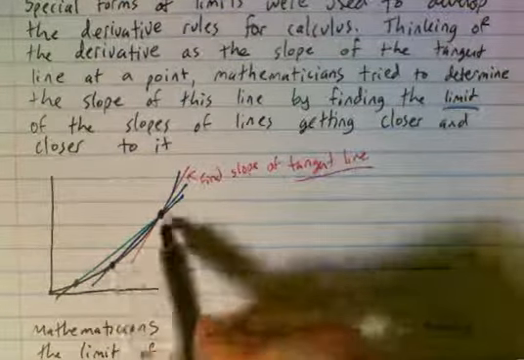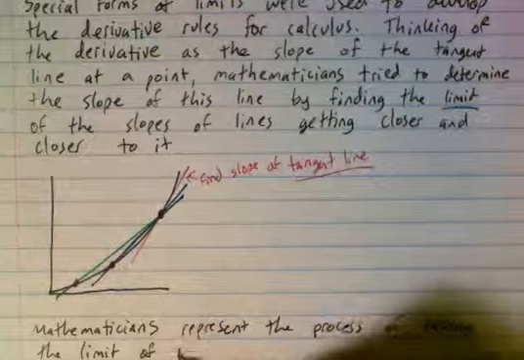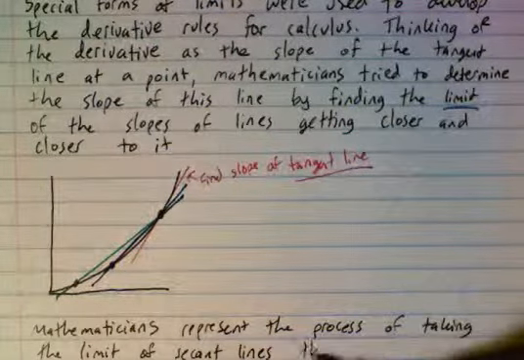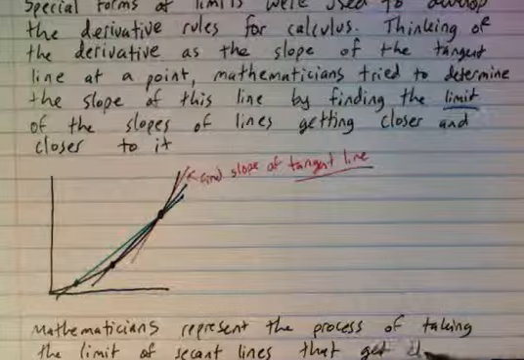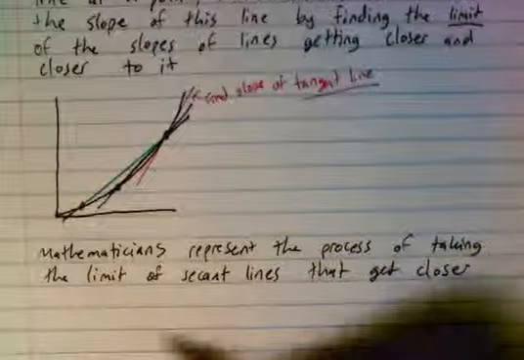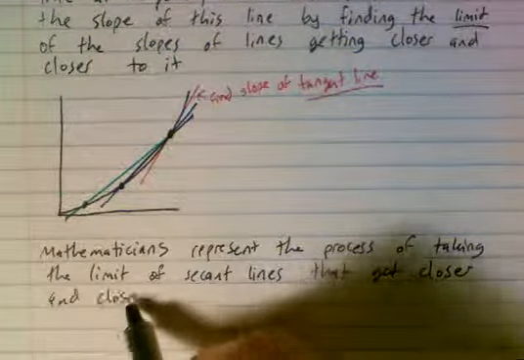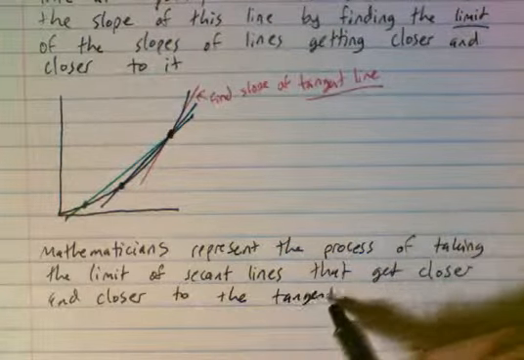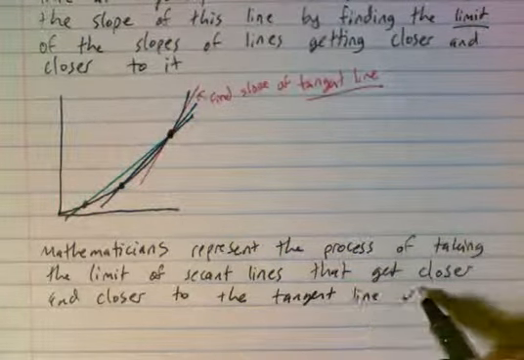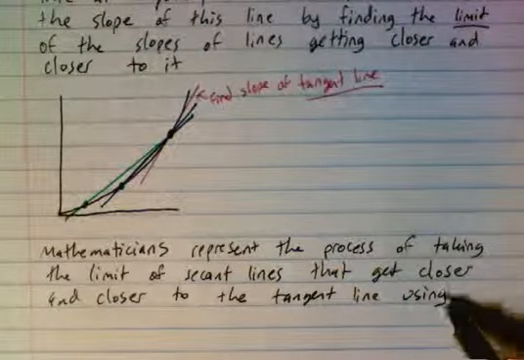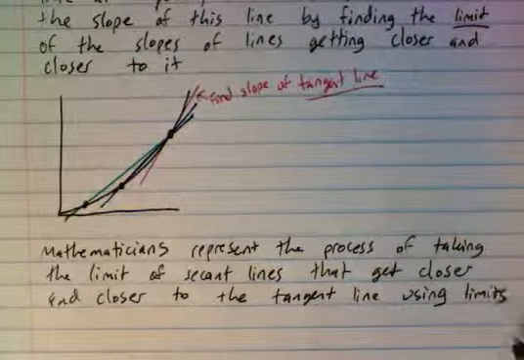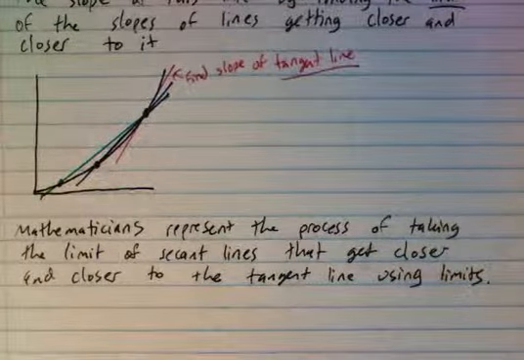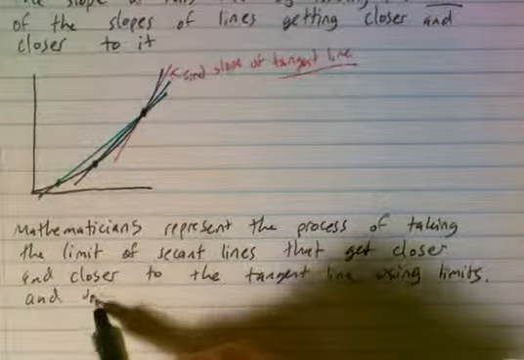These are called secant lines when they're between two dots. I should say, and variables.